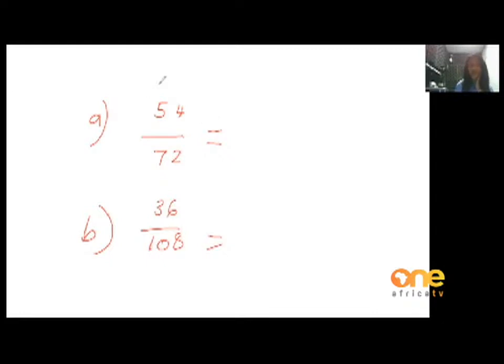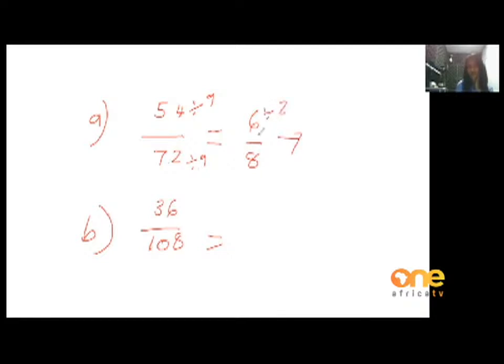Okay, if I divide 54 by 9 and I divide 72 by 9, my answer should be 54 divided by 9 should be 6, and 72 divided by 9 should be 8. And therefore, to simplify it further, I divide by 2.